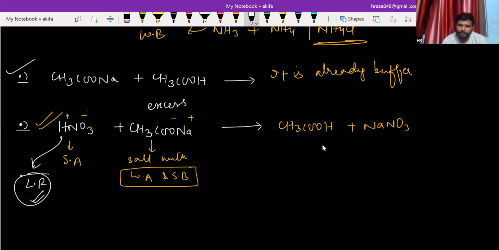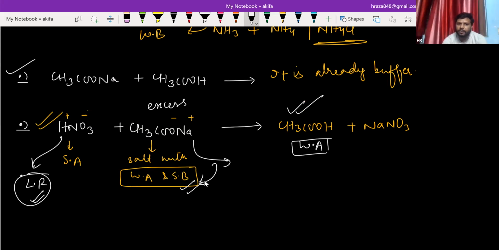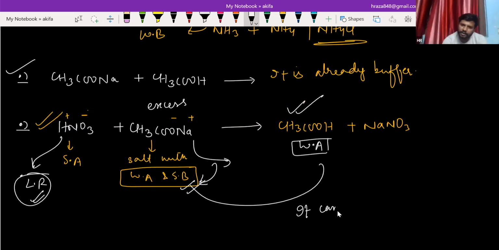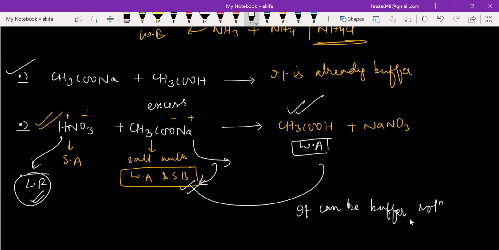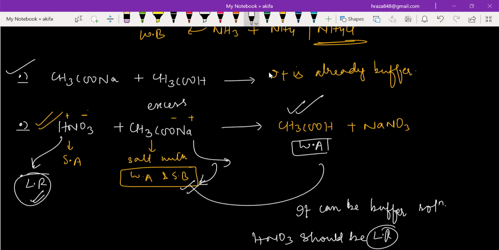CH3COOH, a weak acid, and the salt of this weak acid with a strong base. So it can be a buffer solution. The condition is HNO3 should be the limiting reagent, only then it will be a buffer. Okay, just write it and let me know.